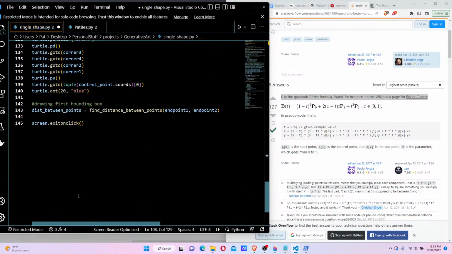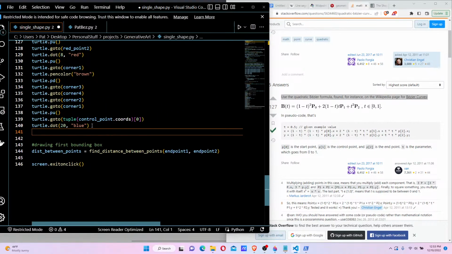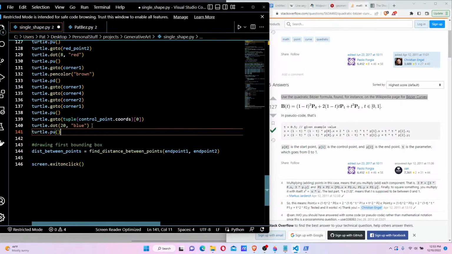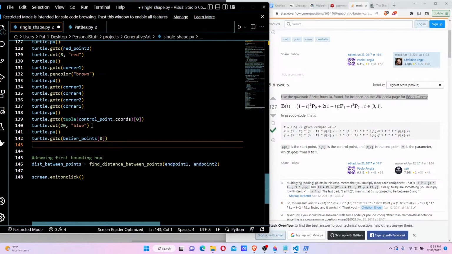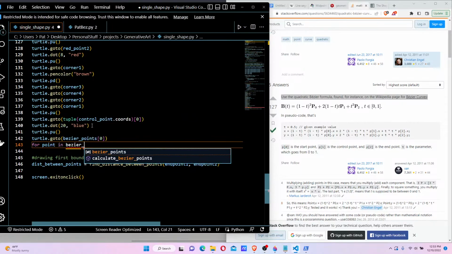Okay, now turtle.pickup, and then turtle.goto, and then Bezier points of 0, and then for point in Bezier points.